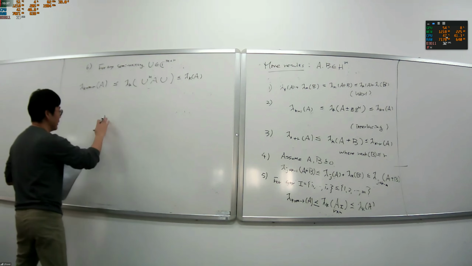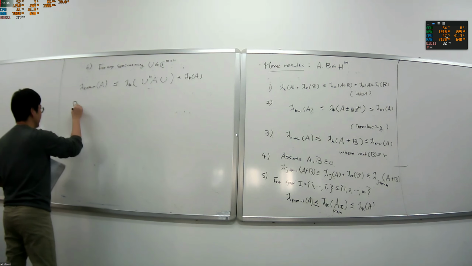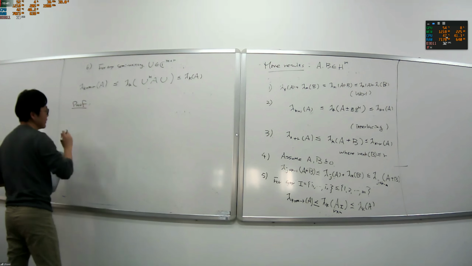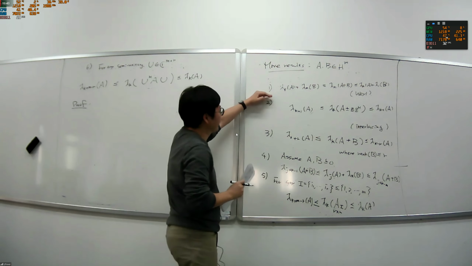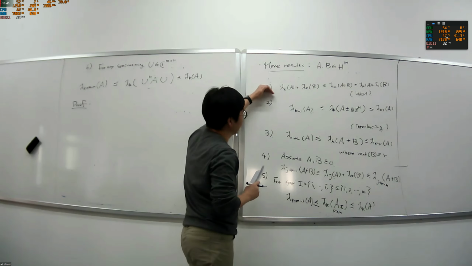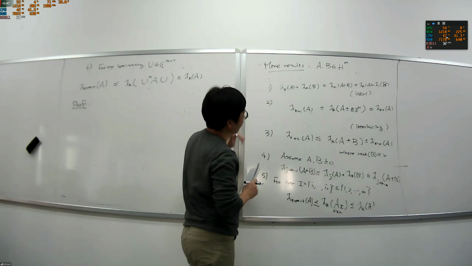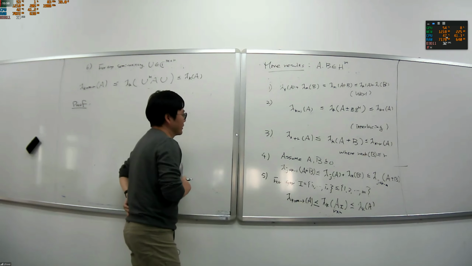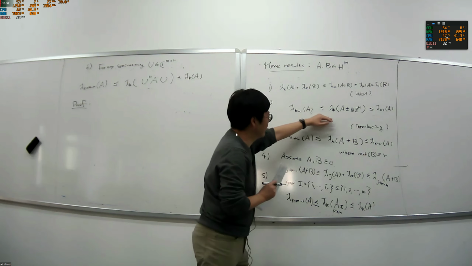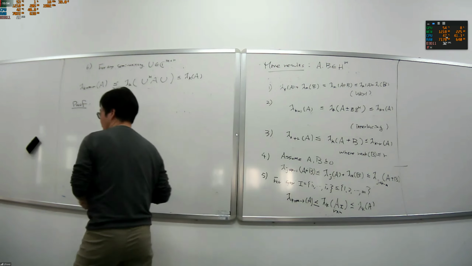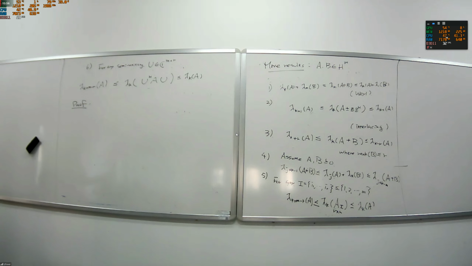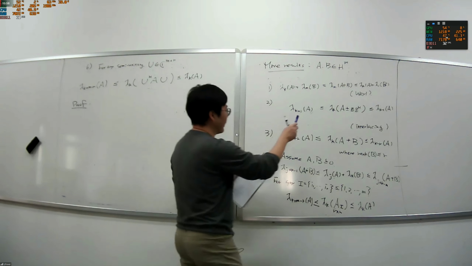Right, these properties are quite interesting. The first one we have already proved. You can simply apply the coefficient we have shown in the Weyl inequality. This is quite easy. To prove the second one, we also use the coefficient, because each one has 2 inequalities: a lower bound and an upper bound.